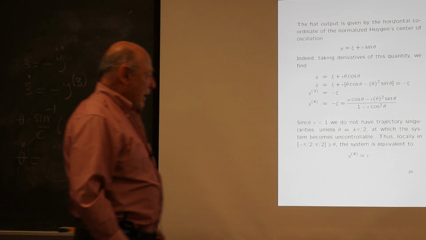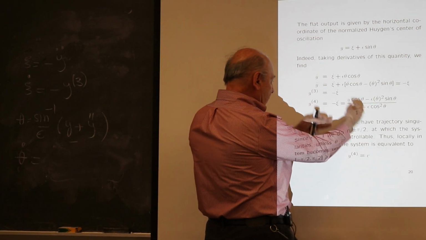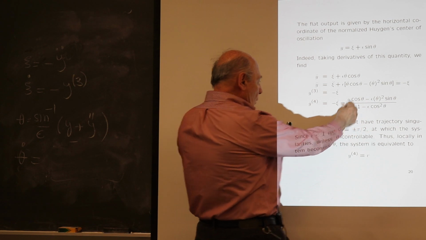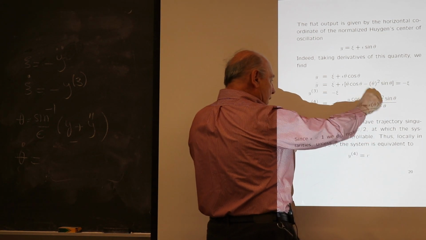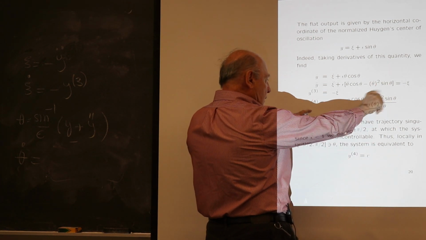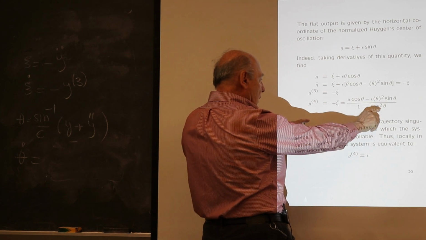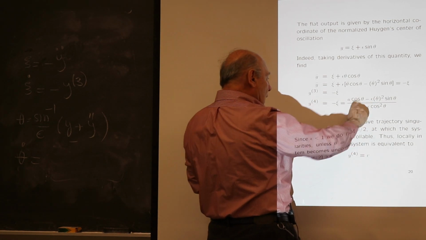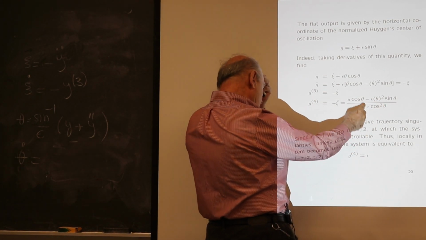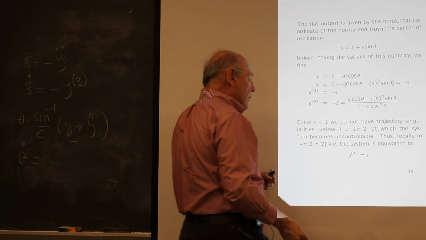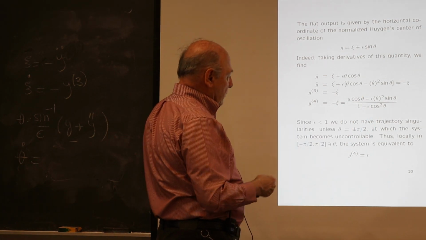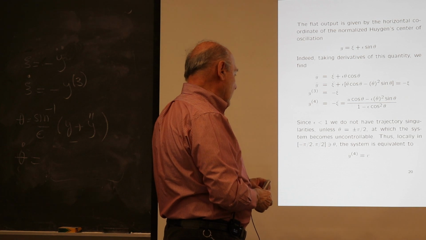So by redefining all of this expression by v, y4 is just a chain of integrations from v. And between u and v, you will have an invertible transformation that is valid between minus pi divided by 2 and pi divided by 2.